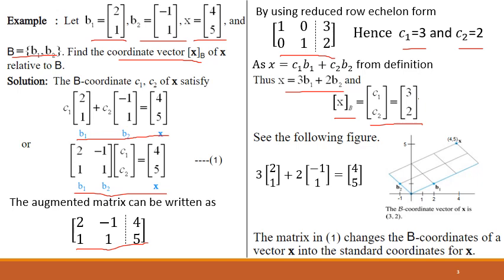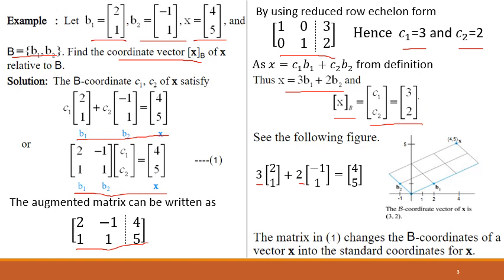This was the mathematical solution of the problem. Now we will find the geometrical solution of this problem. For the mathematical solution, we have the value of C1 equal to 3 and the value of C2 equal to 2.